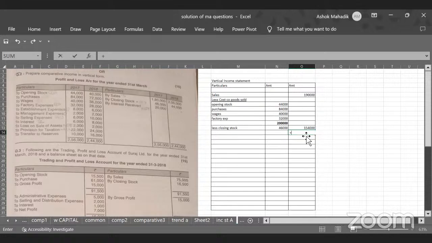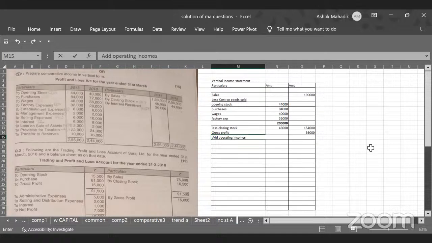Now sales minus COGS will give us gross profit. Okay, friends. I will get gross profit. Clear? Then we add operating income.